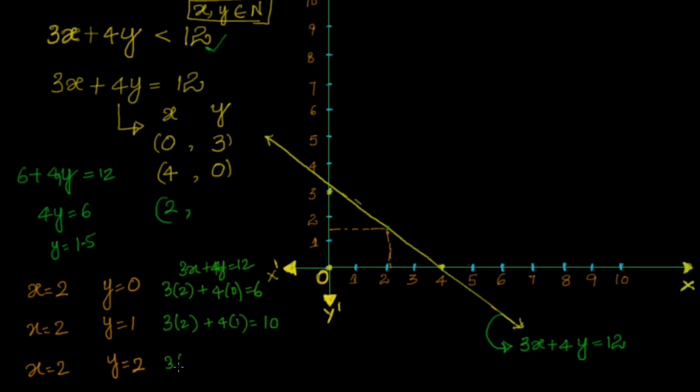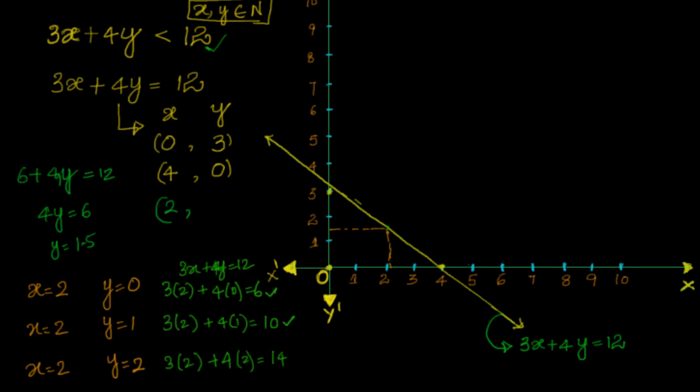If I take x equal to 2 and y equal to 2, I will have 14. So you can see 3x plus 4y less than 12, whatever we want, is satisfied by these values of x and y. That is nothing but x equal to 2, y equal to 0 and 1.